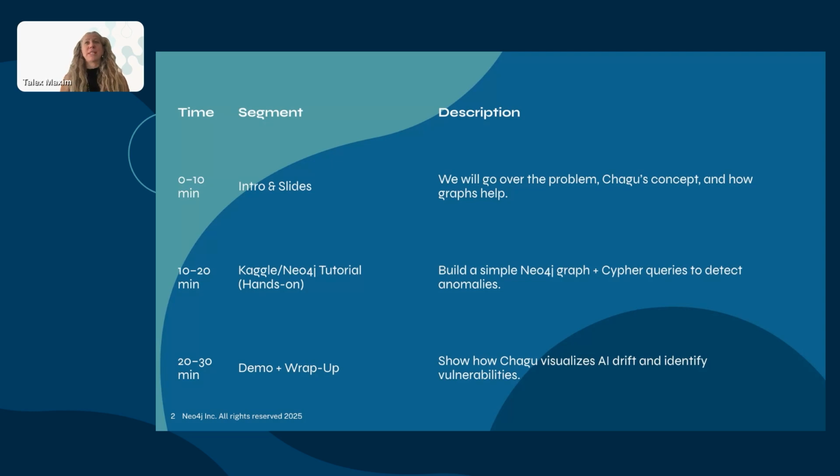For our session, I prepared a rough estimation of the time. We have 10 minutes talking about the problem and how we solve it within Chagu. Roughly 10 minutes to go over a teaser I prepared, with tips on how to introduce this to your management, what can be done with the graph, and Cypher queries to protect your systems.